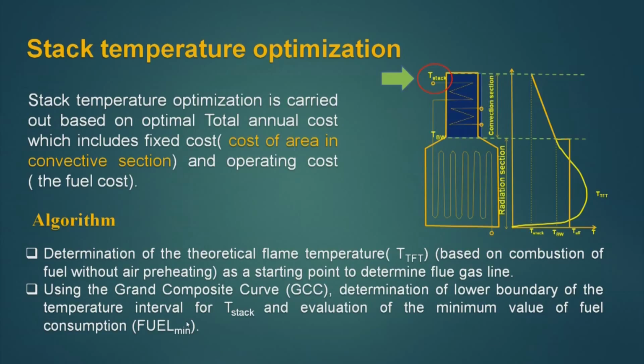This is fuel minimum. So, I am integrating the furnace with the GCC. The furnace part comes from here and the GCC part we have to add, and GCC part will decide what should be my minimum stack temperature.